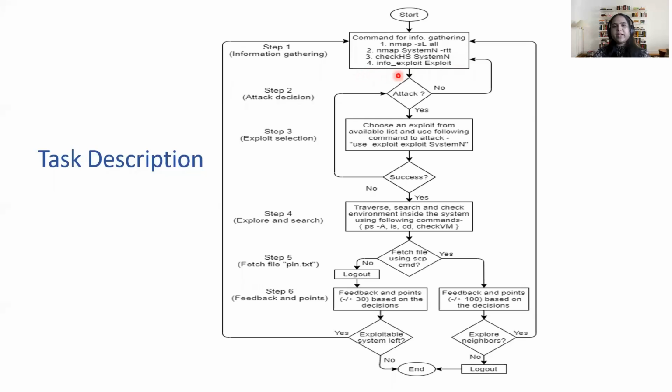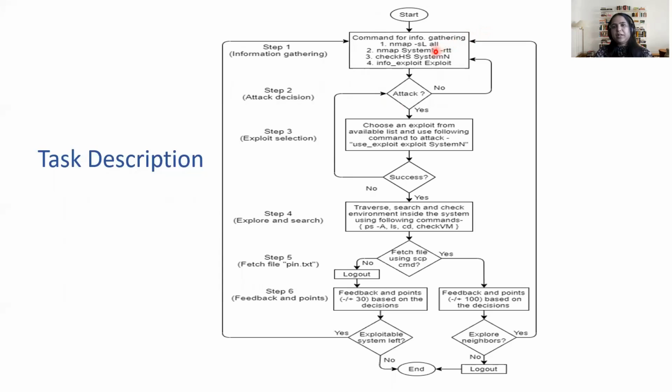And we also provided an option, an estimate of whether a system is honeypot or not, using the checkhs command on a particular system. And then if they want to know more about any exploit on a system, they could use the info exploit command. And if they are satisfied with the information gathered, they could attack.